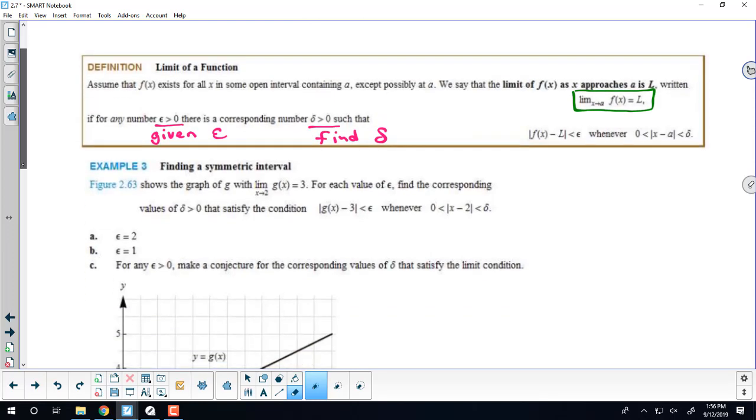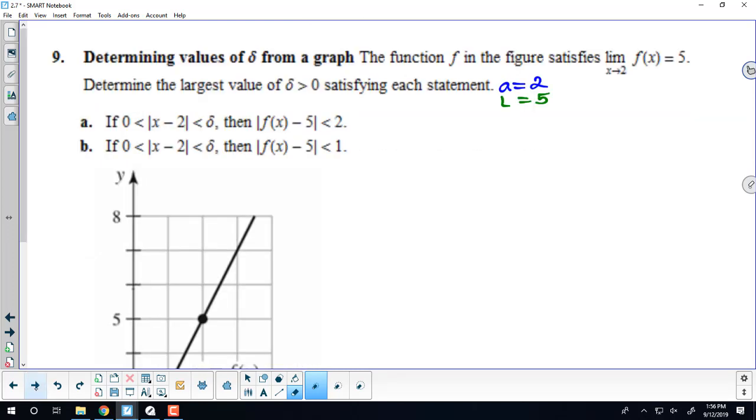All right. So that's why it's important to fit the structure of the definition into something specific, so we know exactly what we're dealing with. Here's a, here's L, and we're given epsilon as 2. We're trying to find the delta. Notice delta isn't given to us in either part A or B. So I'm just going to write this here.